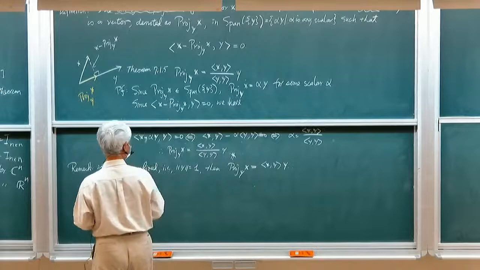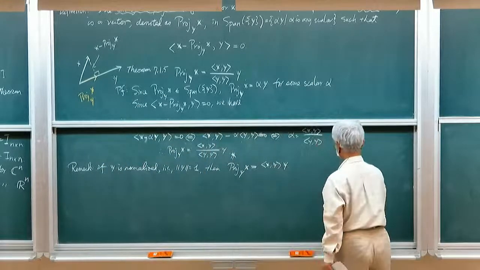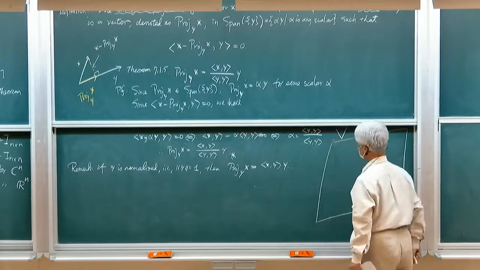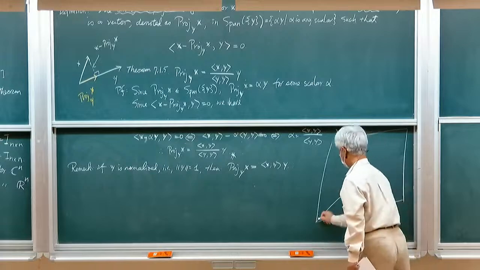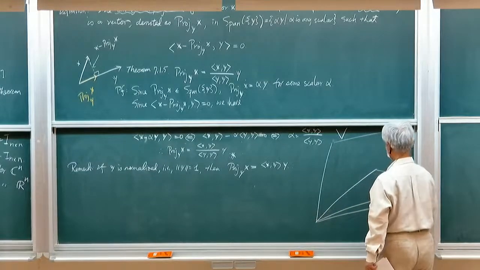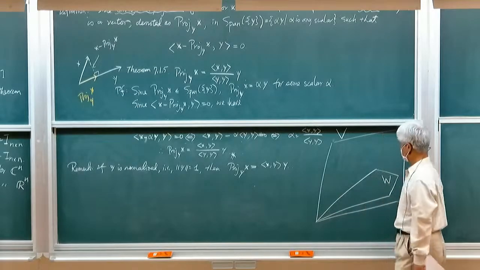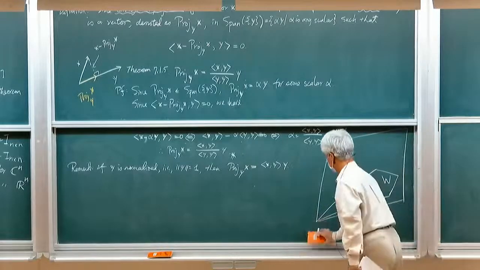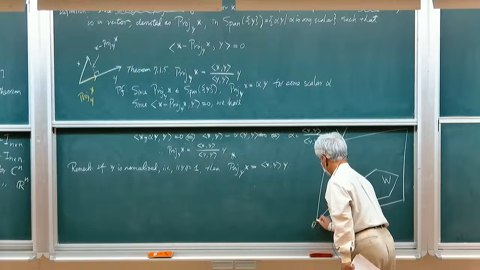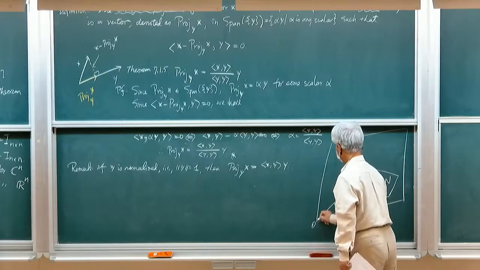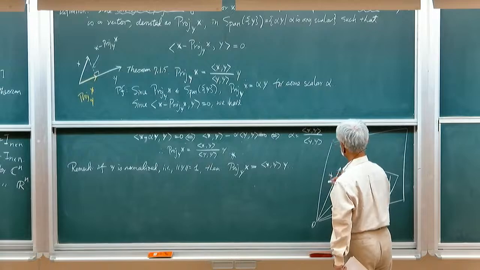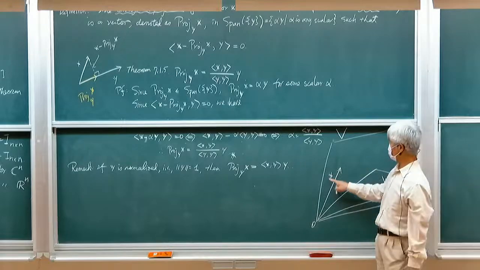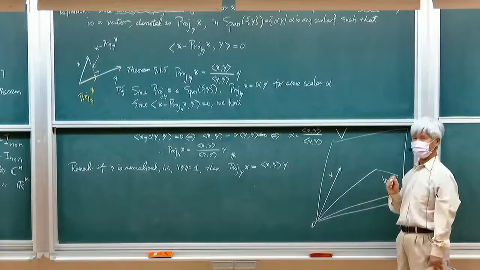And we need a concept about projection onto a subspace. So suppose we have an inner product space V here, and here we have a subspace W. This is our zero vector, the origin. If we have a vector x here, we want to define an orthogonal projection of x onto this subspace.